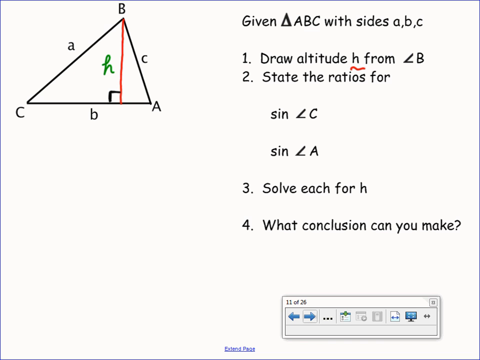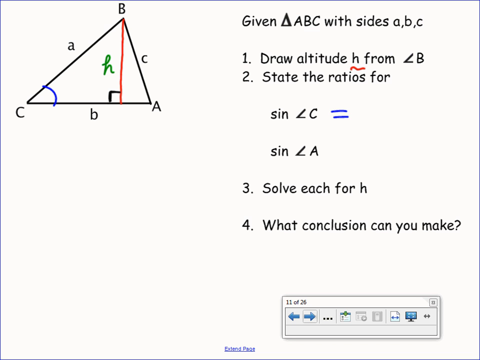Awesome. All right, let's go ahead and state ratios now for the sine of angle C. So let's go ahead and find angle C, and we'll jump inside the right triangle that we created. The sine of angle C I'll go ahead and do in blue. And we can see the sine of angle C by just focusing on that left right triangle. Everybody see it?